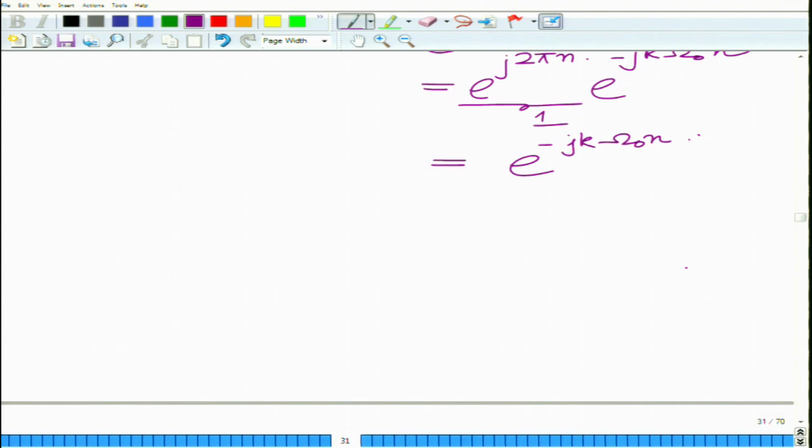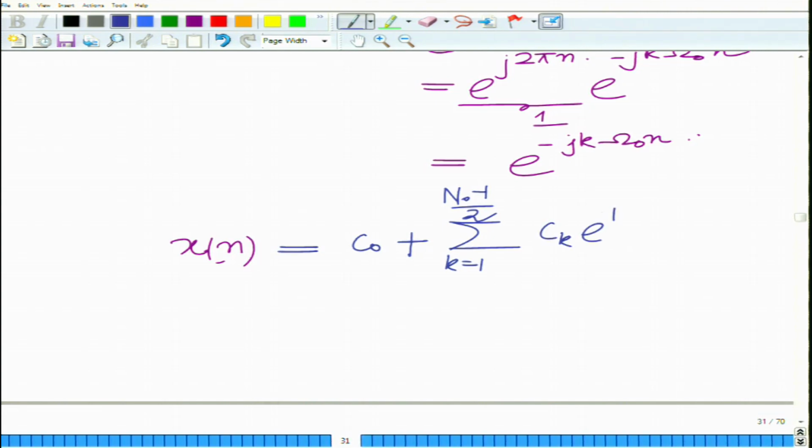Therefore, I can recast x[n] as C naught plus summation k equal to 1 to (N naught minus 1) divided by 2 of C_k e raised to j k omega naught n plus C_k conjugate e raised to minus j k omega naught n. Okay.